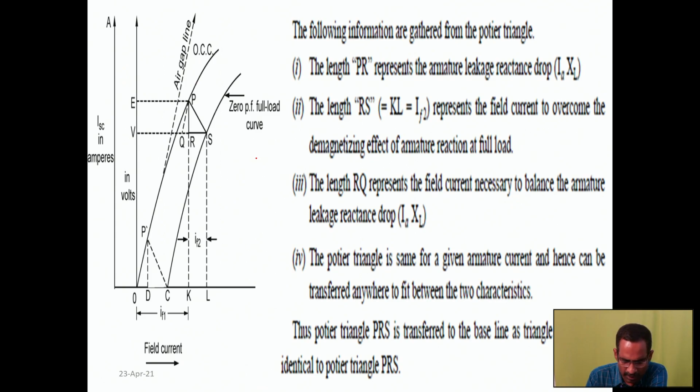So now you can look at this. I am gathering the following information from the Portier triangle. The length of PR, from these 2 points, the vertical line, represents the armature leakage reactance drop.